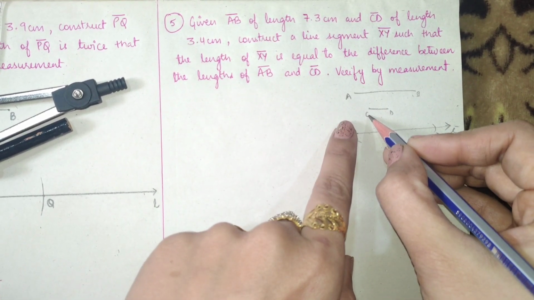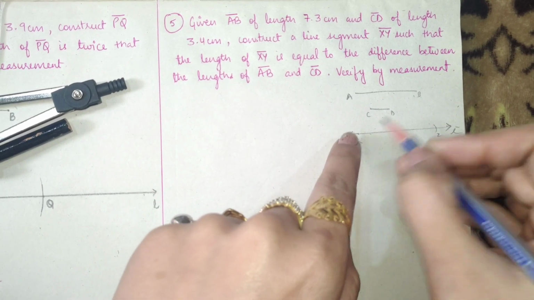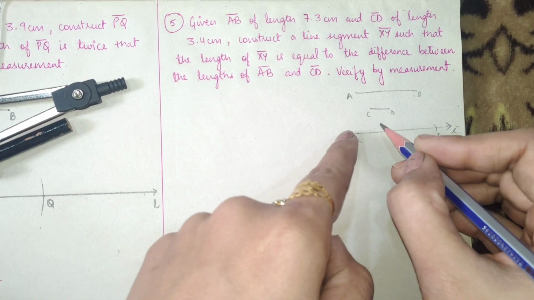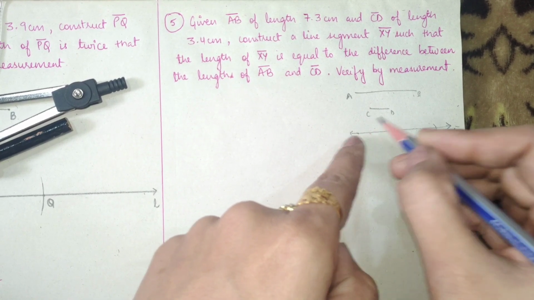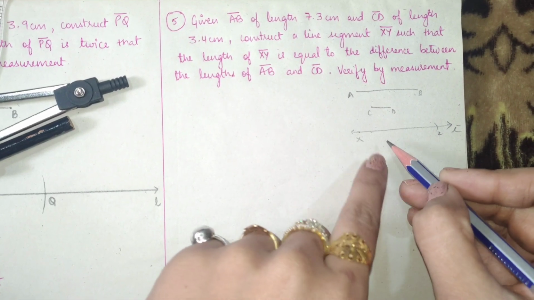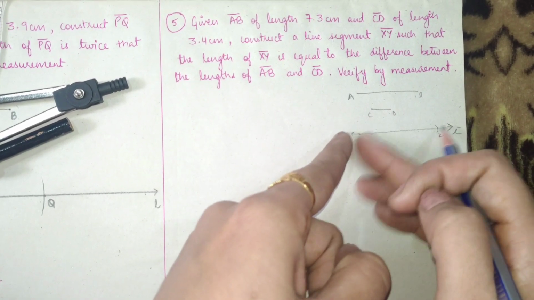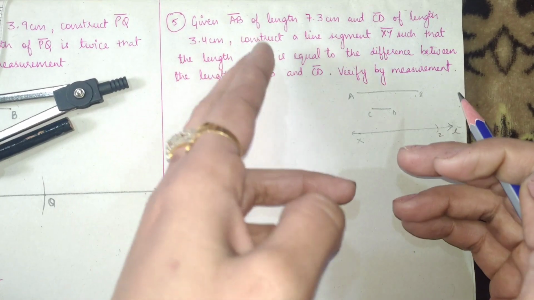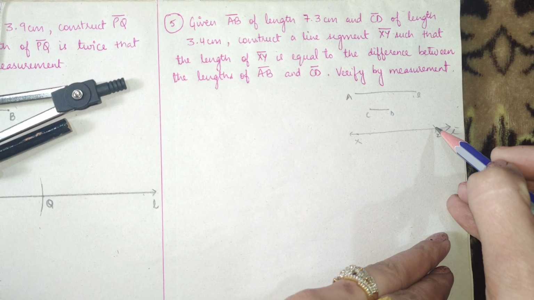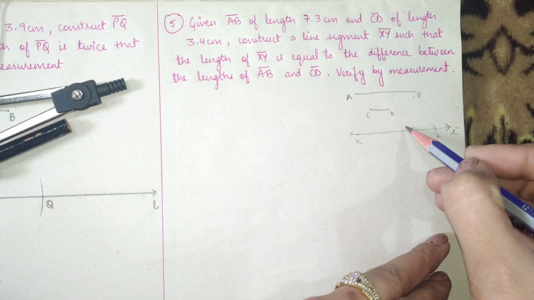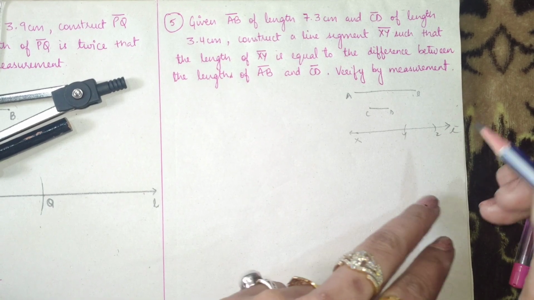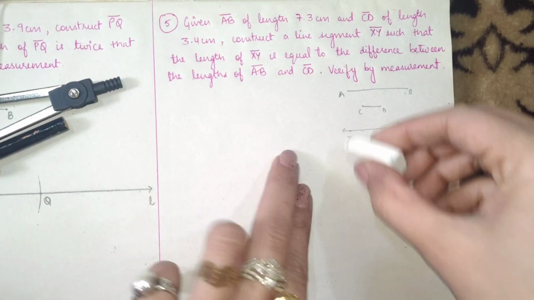If we cut off CD, we'll not keep our pointer at X, because we are removing CD from it. If we draw an arc of CD length from X, this X will be removed, but we need X in our construction, and we don't need Z. So this time we'll keep our pointer at Z and draw an arc equal to CD like this, and this point here will be our Y. So that's our rough work.